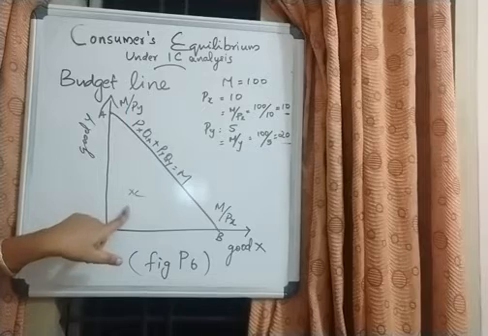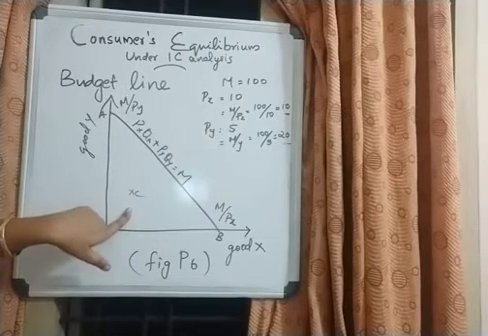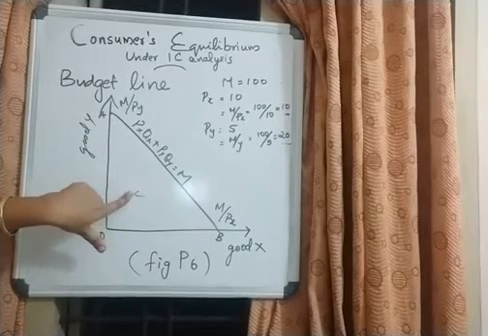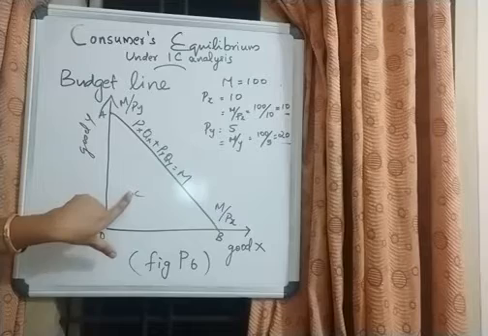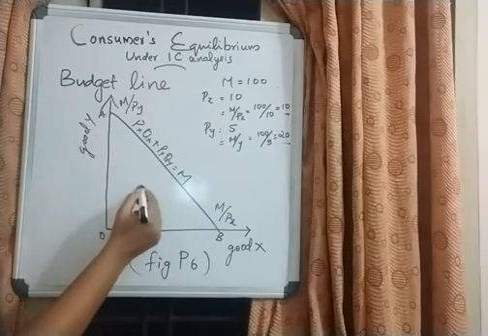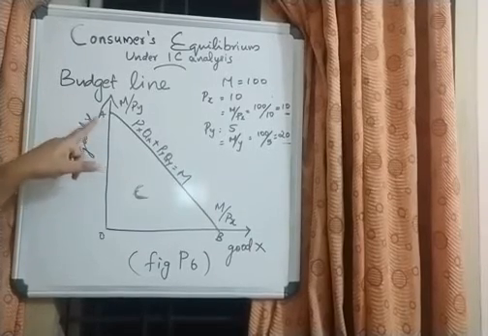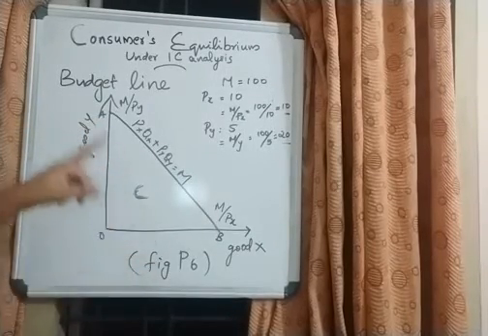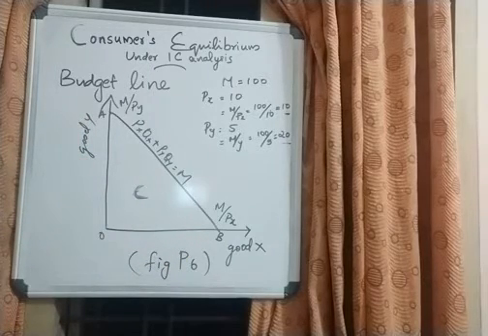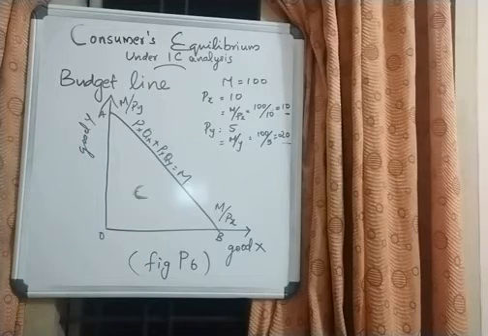Point C shows a bundle that costs less than the consumer's income. The triangle AOB is the budget set.